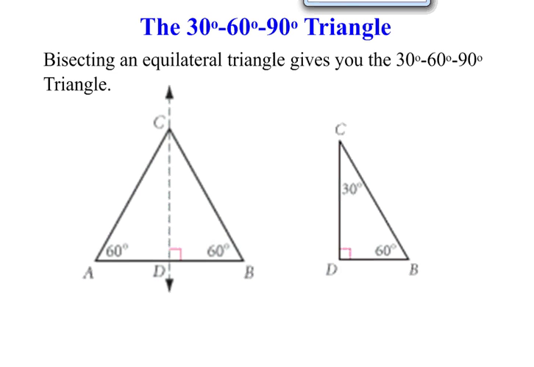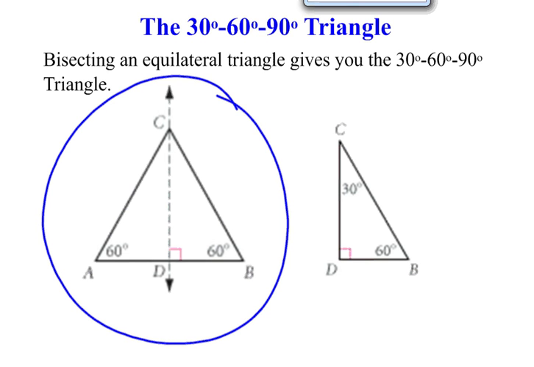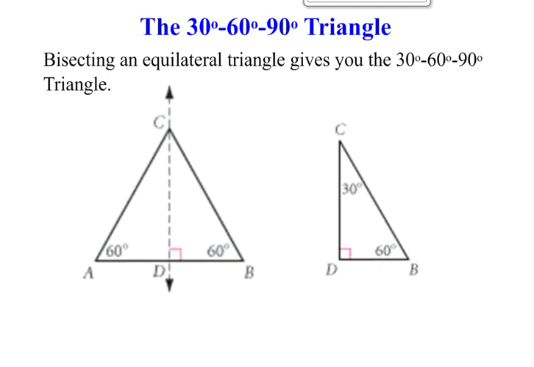That brings us to our next special right triangle, a 30, 60, 90 triangle. Bisecting an equilateral triangle gives you the 30, 60, 90 triangle. Here we have an equilateral triangle. We know that it's equilateral because we can see that the angles here, 60, 60, would leave 60 for this angle.